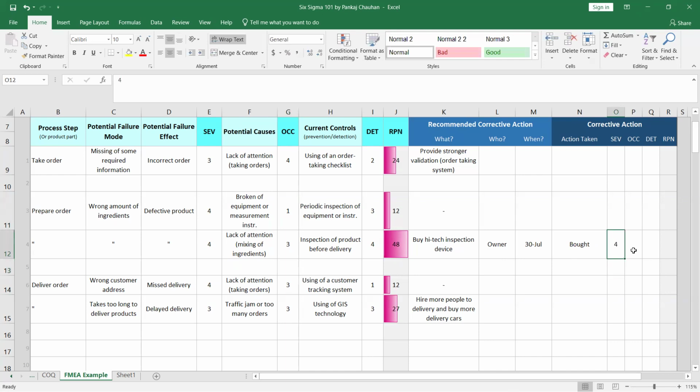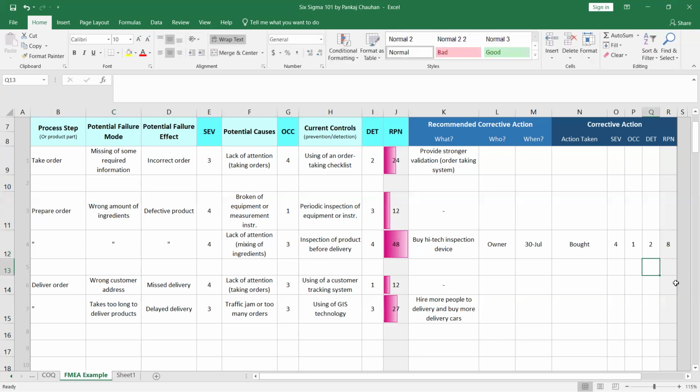But suppose, by buying the high-tech devices, I reduce the probability and it goes to 1. And because of these devices, there is another SOP I have put into place, and by doing this I can easily identify that there is a wrong amount of ingredients. So I have improved the detection, let's say from 4 to 2.